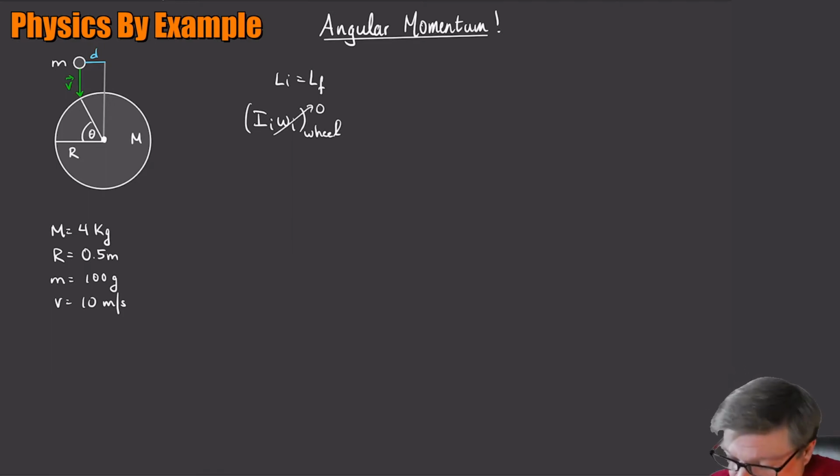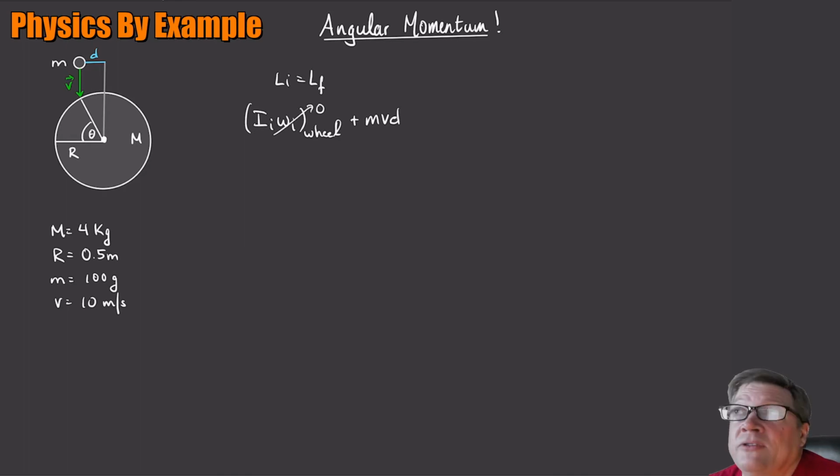So the angular momentum of that mass about that point, we need to add into the system. And that angular momentum is just going to be mvd.